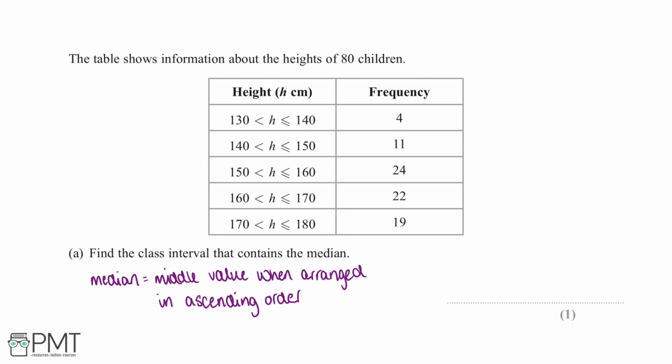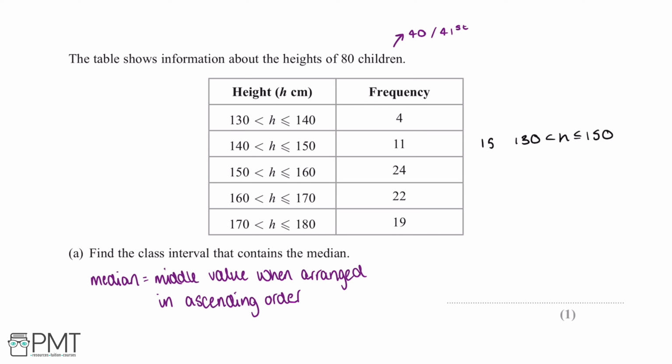So if we arrange these 80 children in ascending order of heights, the 40th and the 41st values would be the two middle values. If we take a look at this frequency column, if there are 4 people between 130 and 140 centimetres, and there are 11 people between 140 and 150 centimetres, then this means there are 15 people between 130 and 150 centimetres.